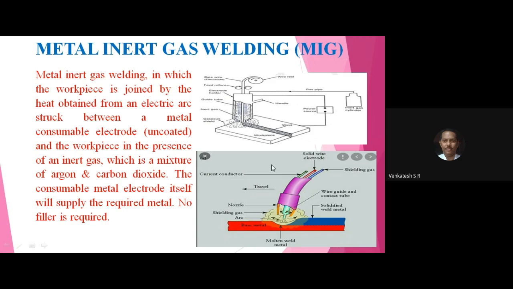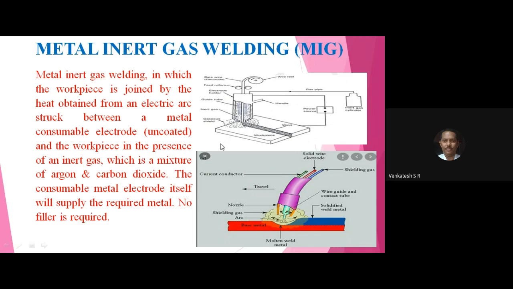Remember, in TIG you are using a solid tungsten electrode, which is not consumed. Continuously the welding rod is present, but here the welding rod is consumed and is supplied in coil form. The continuous supply of electrode takes place.